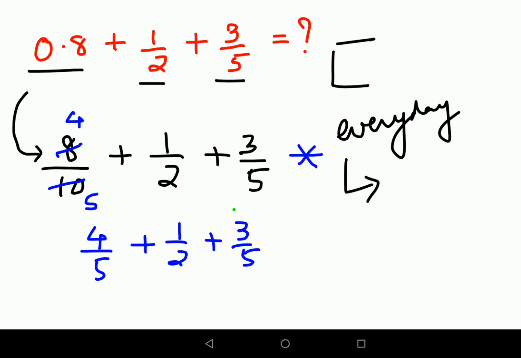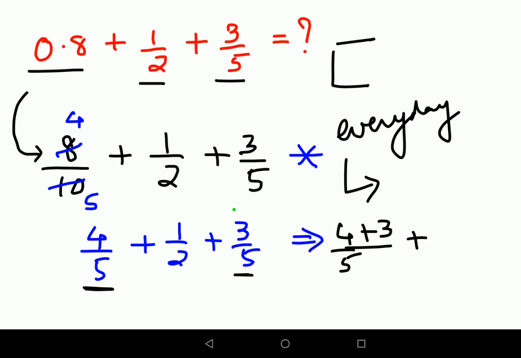Okay, but the next method I'll show you in some time, but first let me finish this one. So what will happen is, we will add the like fractions, meaning the ones which have the same denominator. So we'll keep 4 upon 5 plus 3, 4 plus 3 upon 5.